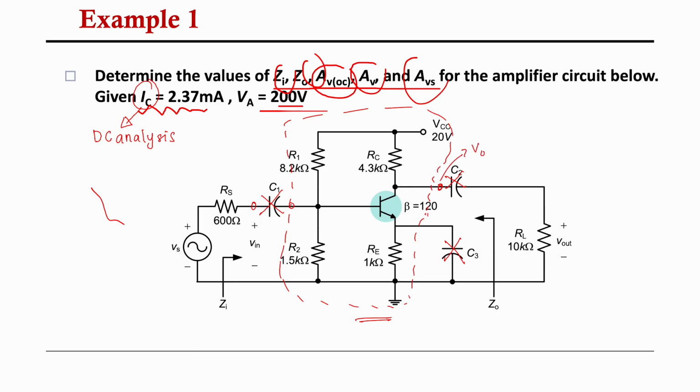In that case, for the DC analysis, just a little recap, you can redraw the structure. Here is your VCC, and then your R1, and then your R2, and then we have RE.